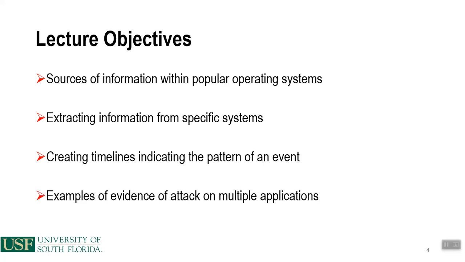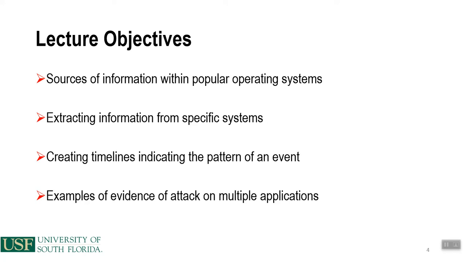So in this particular lecture, we're going to go from incident handling, knowing what incidents are and the general process of handling them, to a little bit more granular look at how we actually analyze the incidents in a fashion that will enable us to prevent future incidents from occurring.